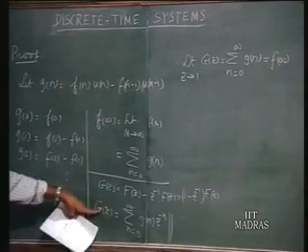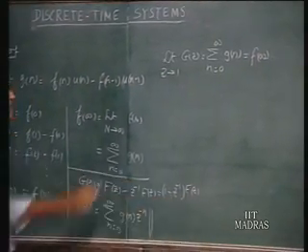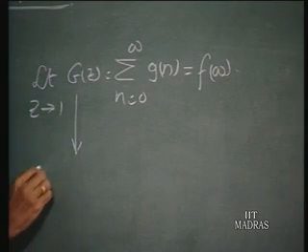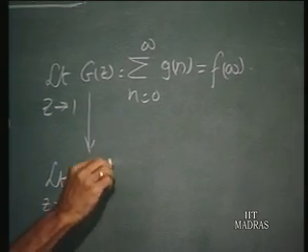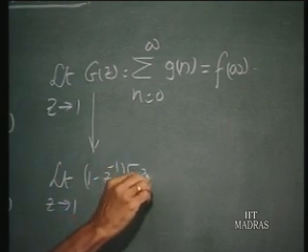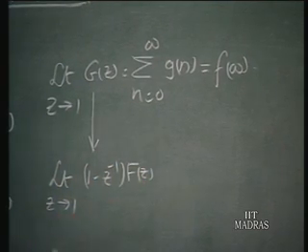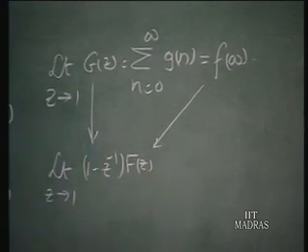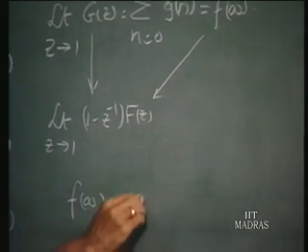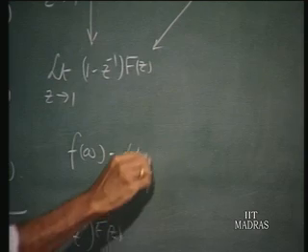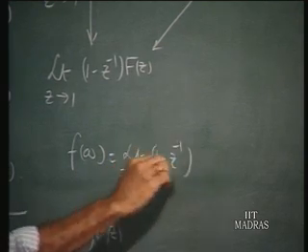And what is G(z)? G(z) is equal to (1 - z^-1) F(z). That means this quantity is also equal to the limit as z goes to 1 of (1 - z^-1) F(z). So the upshot is that these two are equal: f(infinity) equals the limit as z goes to 1 of (1 - z^-1) F(z).